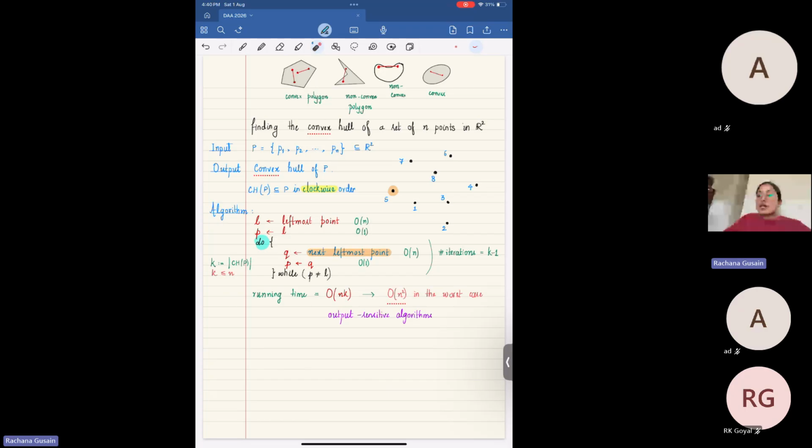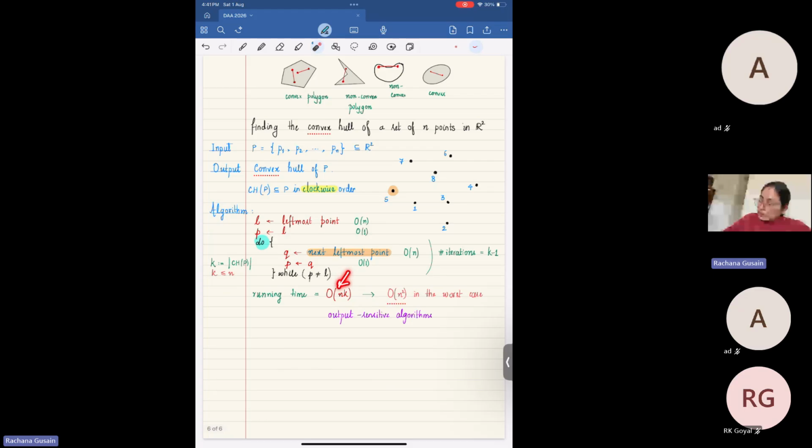So let's say I have two algorithms. One has a running time, let's say nk, and another algorithm whose running time is order n squared. Now you give the same input to both algorithms. Both will compute the same convex hull, because for a set of points the convex hull is unique. Let's say the convex hull has a constant number of vertices, smallest could be 3, 4, 5, like that, and n is huge.